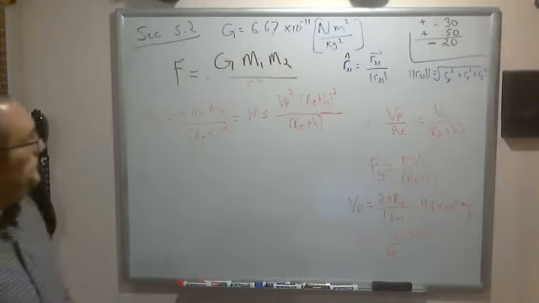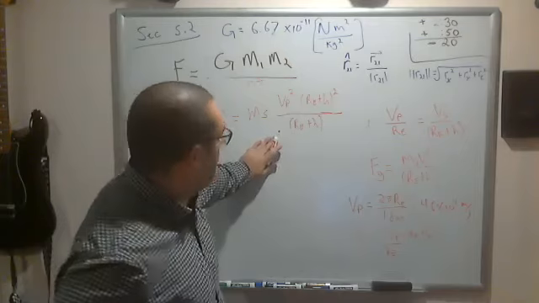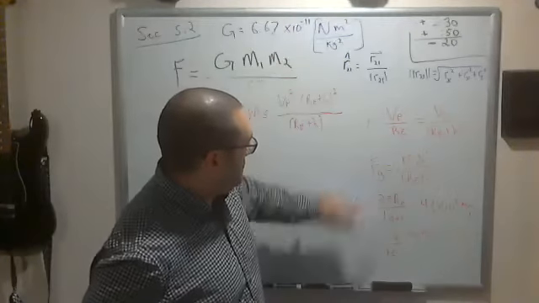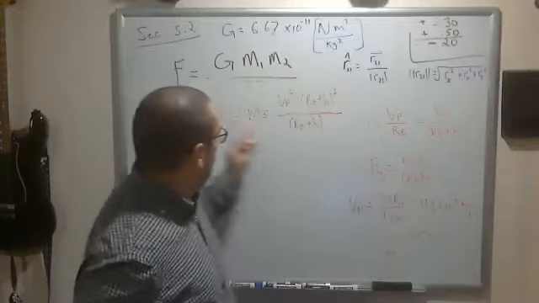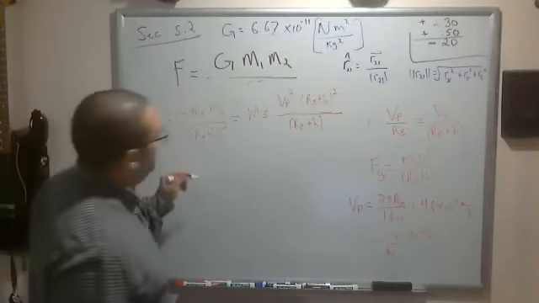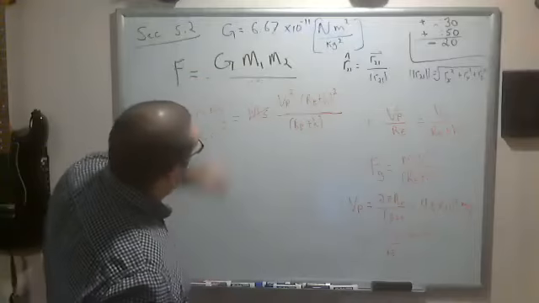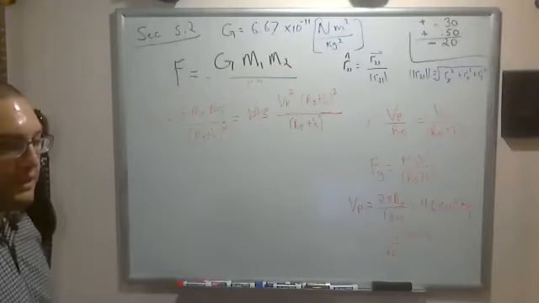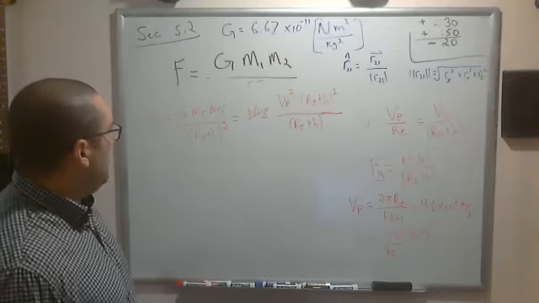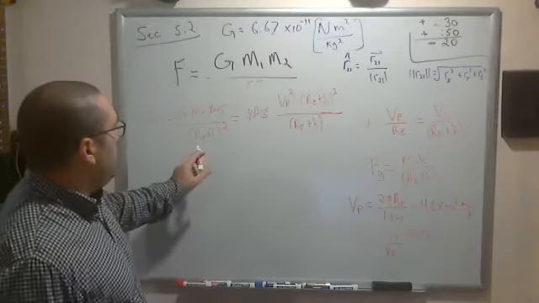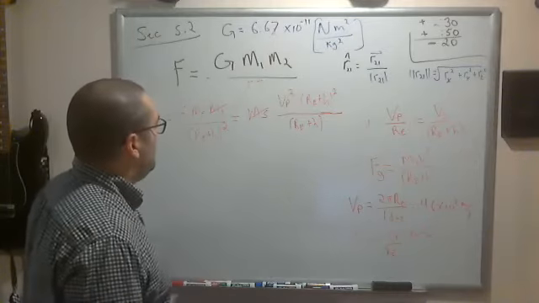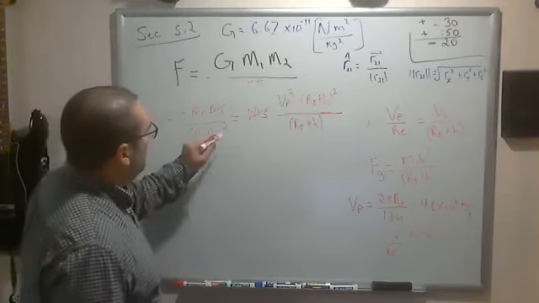Is everybody okay with this? I just basically took this and plugged it into here, and I used the force due to gravity as this. And let's simplify. We find that the two m's cancel out, so the mass of the satellite doesn't matter in this problem. Then we have a whole bunch of RE's, the radius of the Earth plus h, so some of these cancel out.